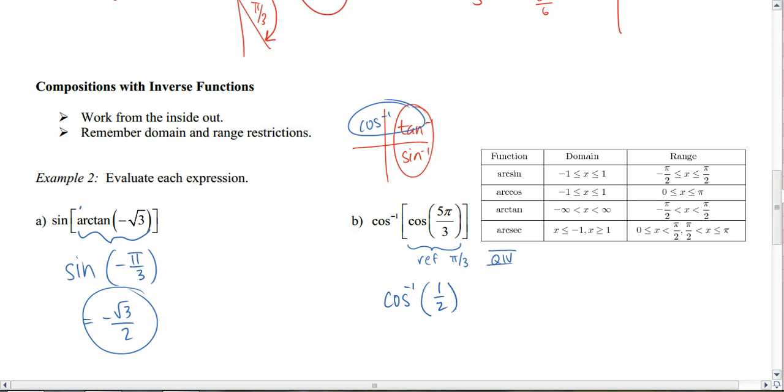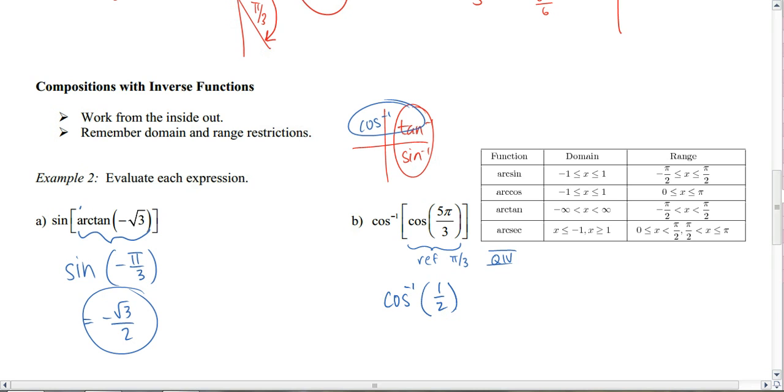Now the next part of the question, who has a cosine of 1/2? So that's what arc cosine is saying. It's saying go back and tell me what angle has a cosine of 1/2. Now you would think it was just 5 pi over 3, but because this is arc cosine, we're restricted to quadrants 1 and 2. So who in quadrants 1 and 2 would have a cosine of 1/2?